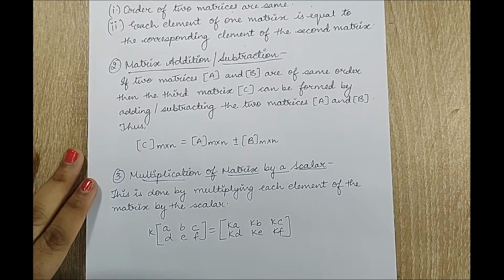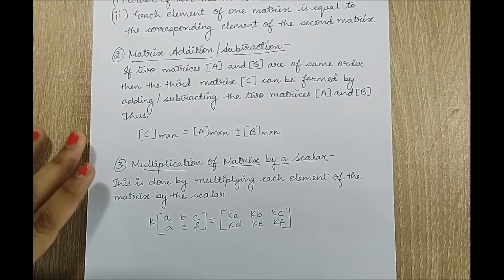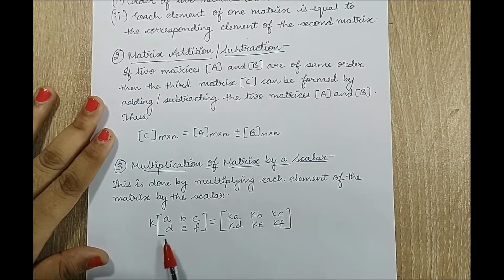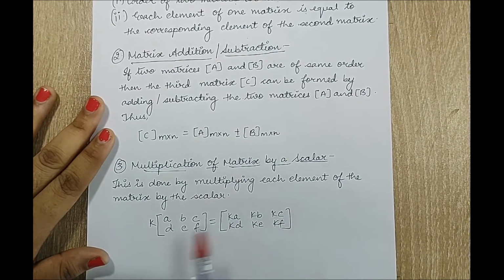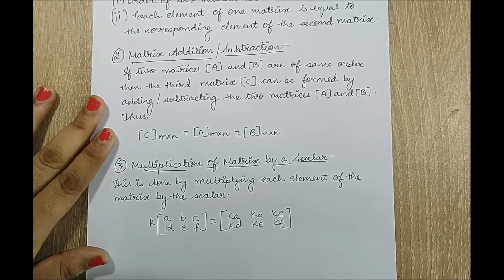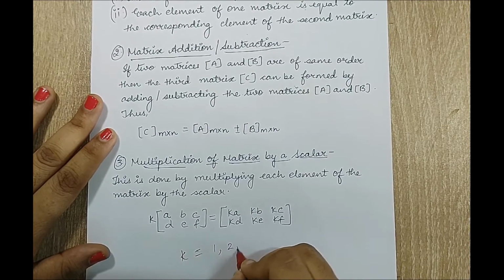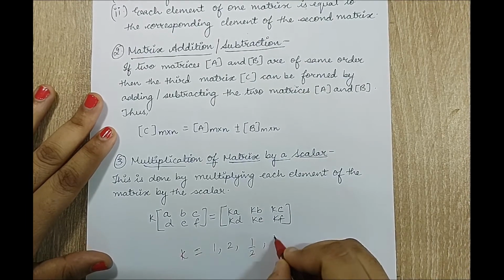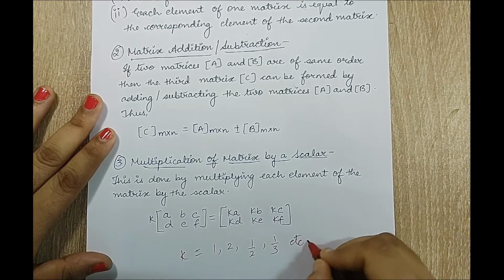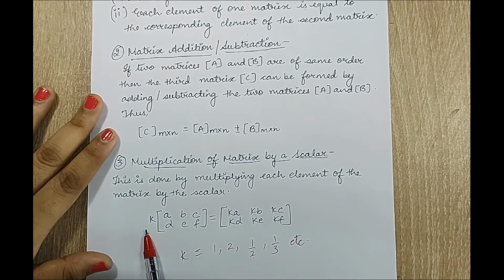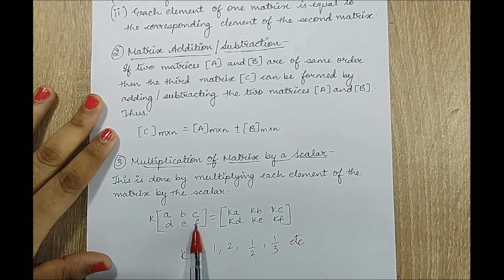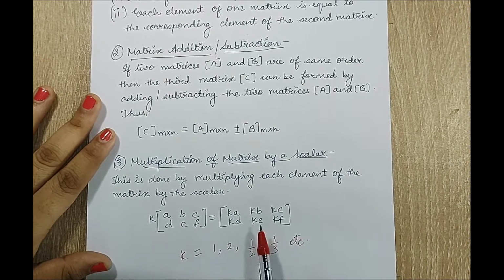We'll just shift to multiplication of a matrix by a scalar. This is done by multiplying each element of the matrix by the scalar. You can observe k is a scalar value. This value of k can be anything. It can be 1, it can be 2, it can be 1 by 2, it can be 1 by 3, it can be any other number. So what you do is, if this is a common number which is outside, you just have to multiply with each element and write the final answer.